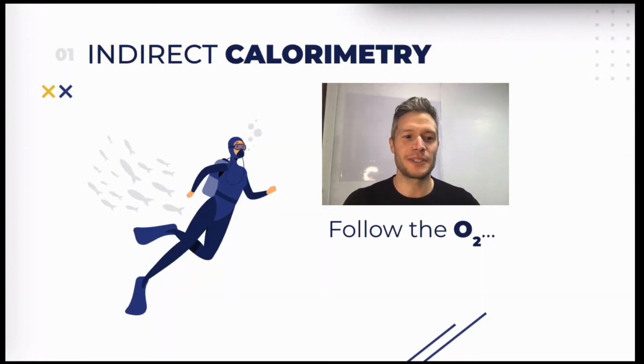Okay, so we'll dive into one of the main topics in understanding how we can go about predicting metabolic or energy expenditure, something called indirect calorimetry. Okay, and ultimately we're going to be following the O2.